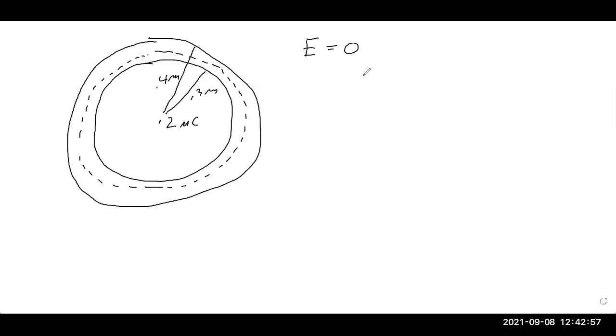No electric field, therefore no net charge enclosed. So there needs to be -2 microcoulombs on this inner surface of the sphere. So that negative charge gets drawn closer to this positive point charge in the middle. It needs to be that way for us to get no electric field in our conductor.